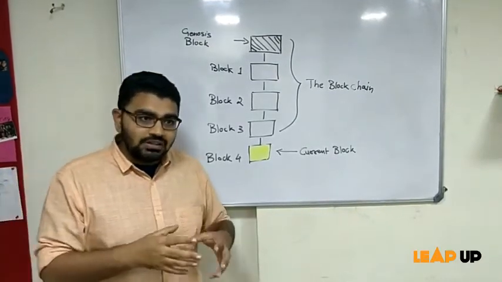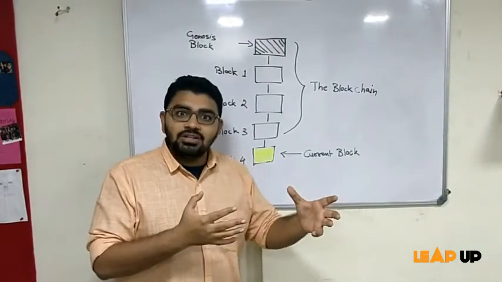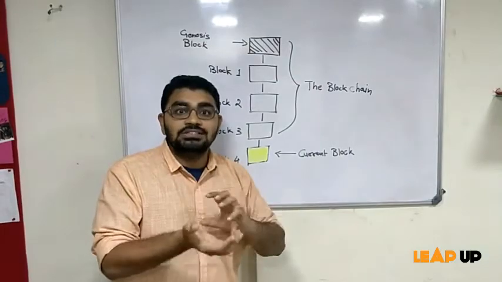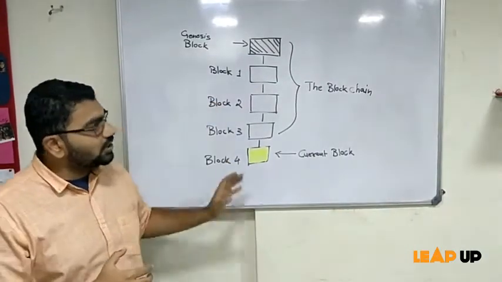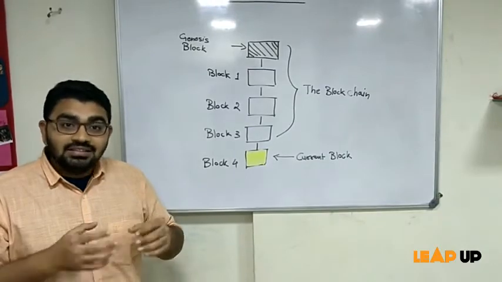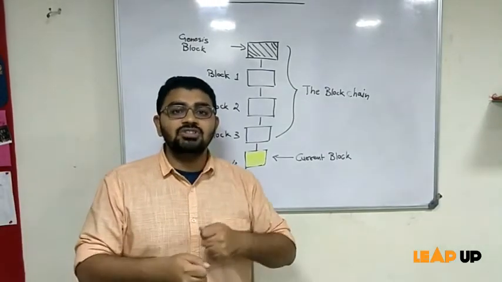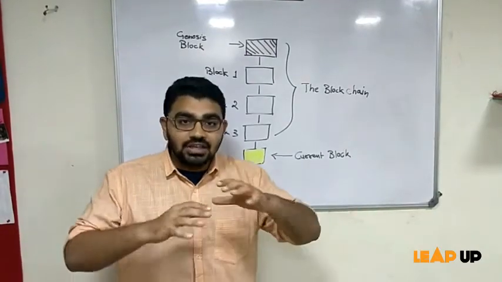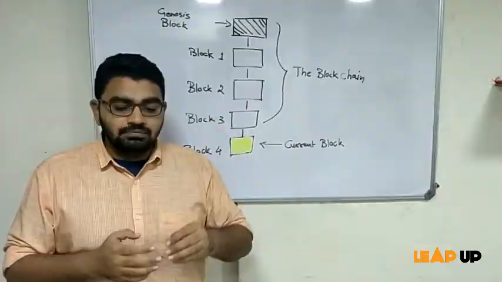So, any token that carries value or is used as a medium of transaction in the blockchain environment is called a cryptocurrency. And this is what incentivizes people to authenticate and validate transactions in the blockchain environment.